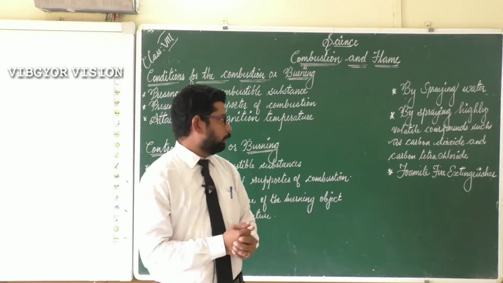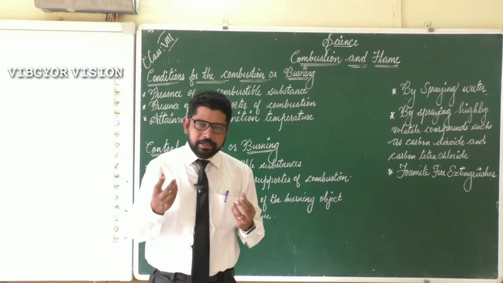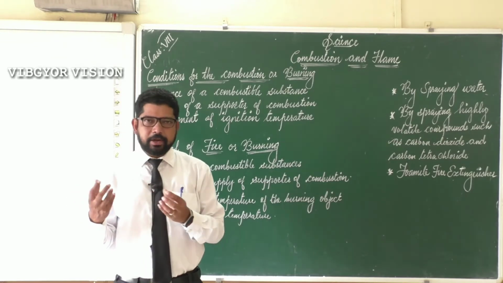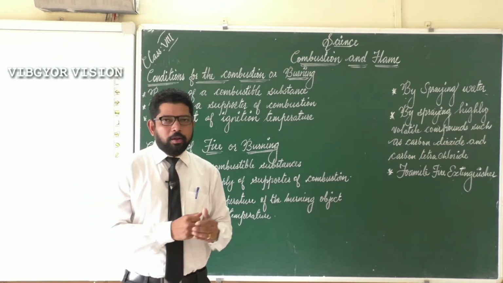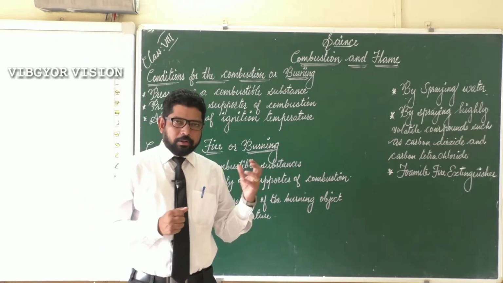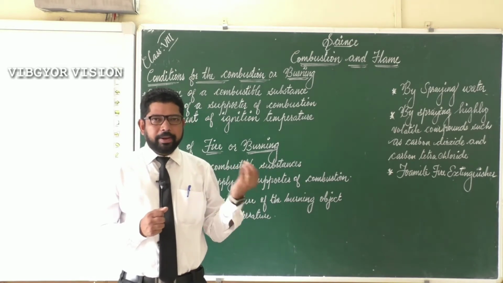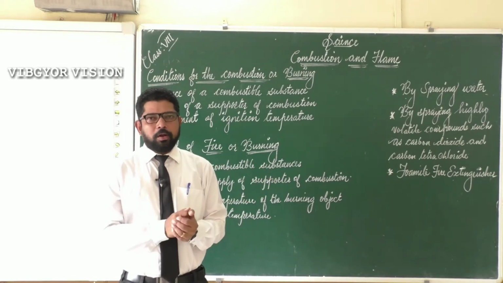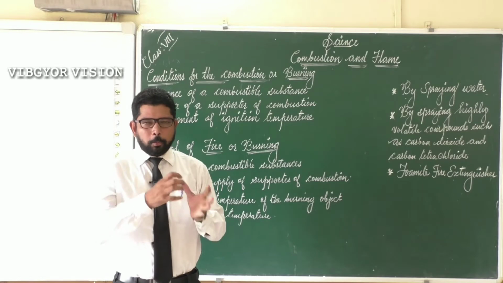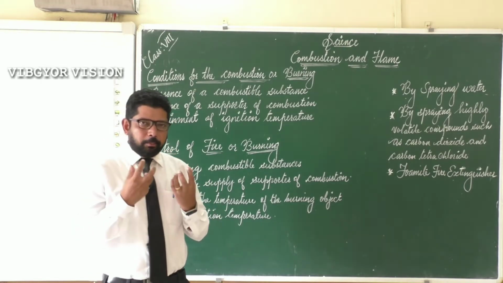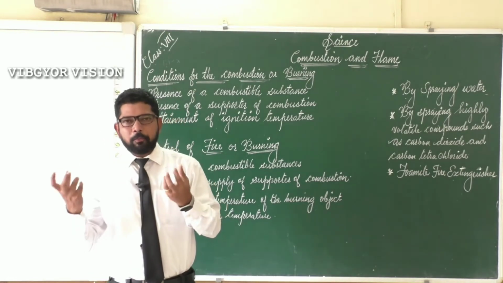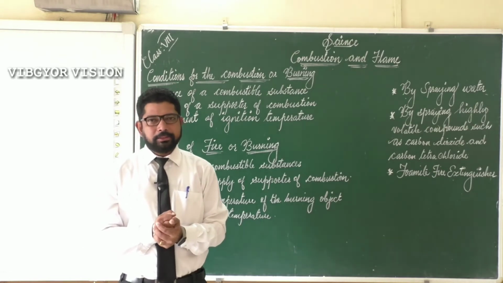Let's see the first one. It is a common experience that whenever there is a fire accident, we will call 101. That means we will call the fire brigade, or the fire force. So when the fire force comes, mostly they will spray water on the burning things.